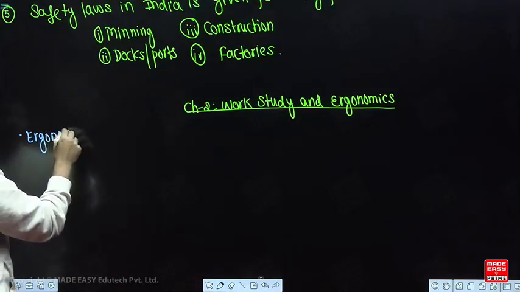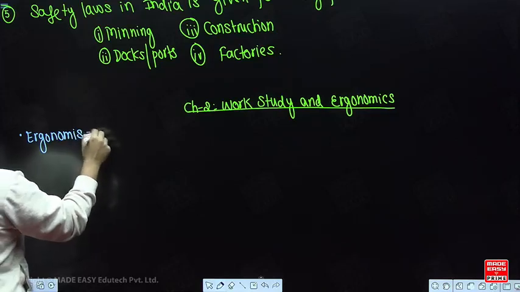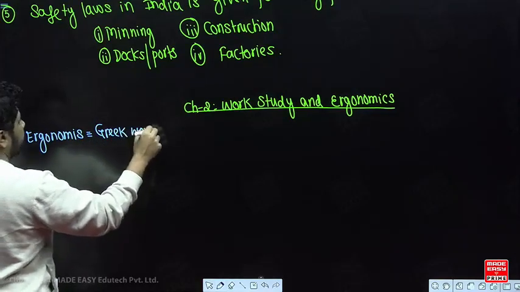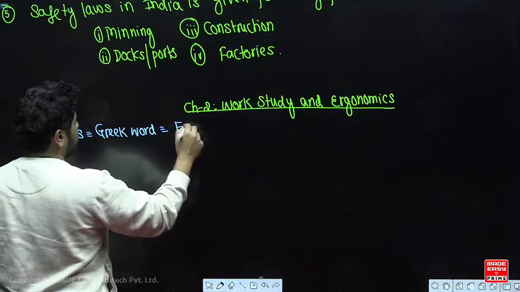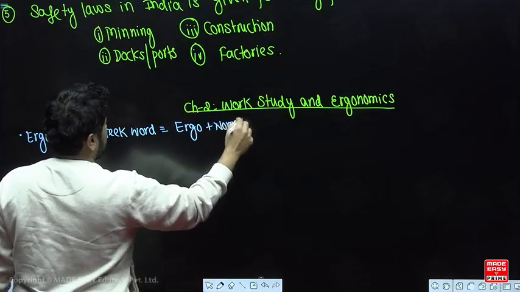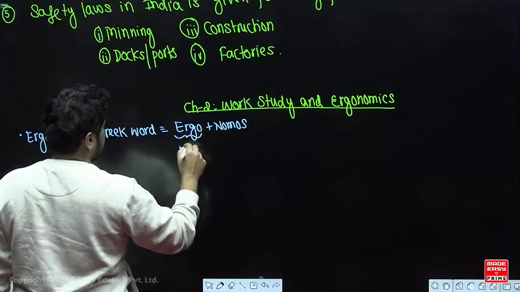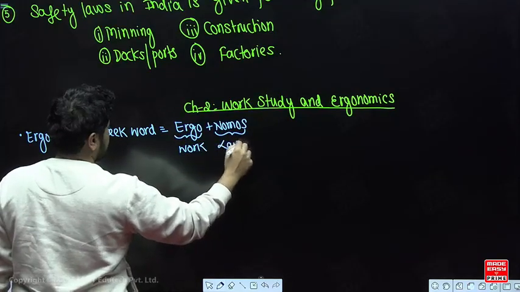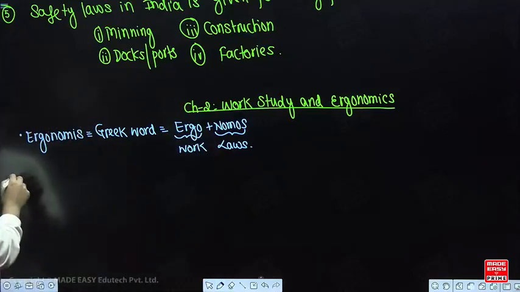It is formed by two words, that is ergo plus nomos. Ergo means work and nomos means laws. Correct? So, what is the definition of ergonomics?